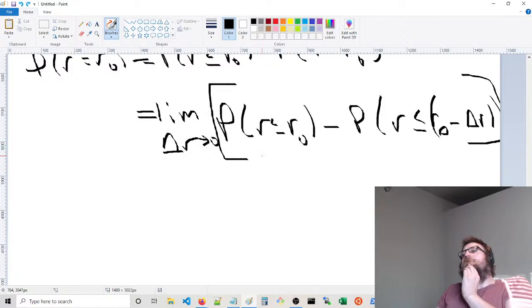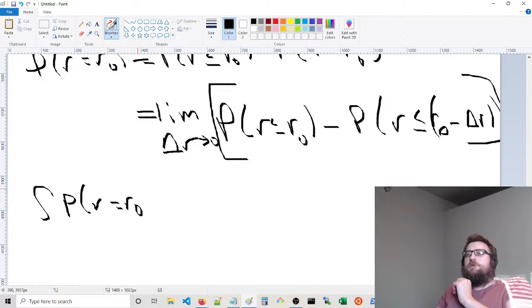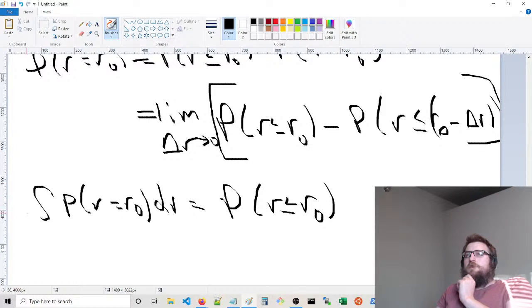We need to have the integral of p(r) dr from 0 to r0 equal to the probability of r less than or equal to r0.